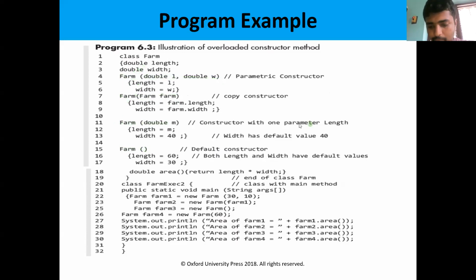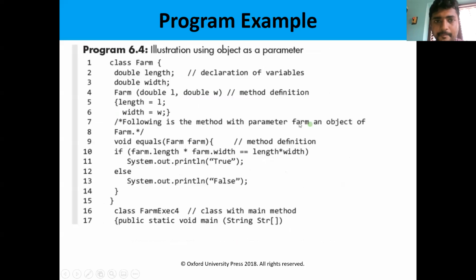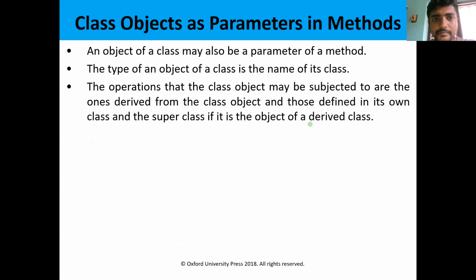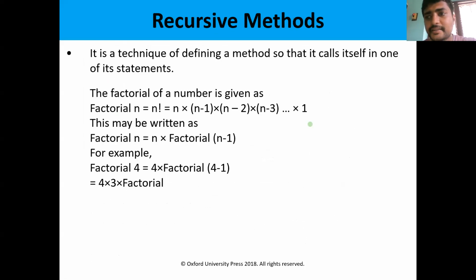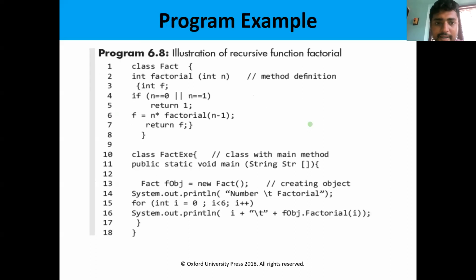Next, access controls: public, private, protected, you know. Next, recursive methods. A recursive method is a method that calls itself a number of times. For example, the factorial of a number: n factorial is n into n minus 1 factorial, into n minus 2 factorial. That is, fact of n equals n into fact of n minus 1, so the same fact method is repeated n number of times.